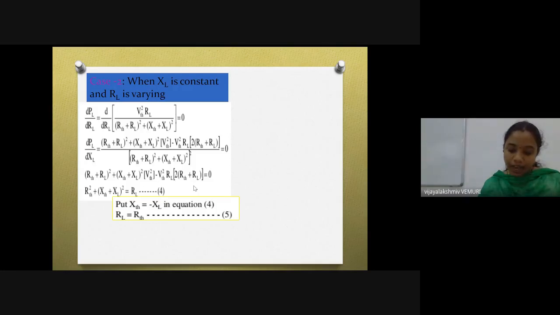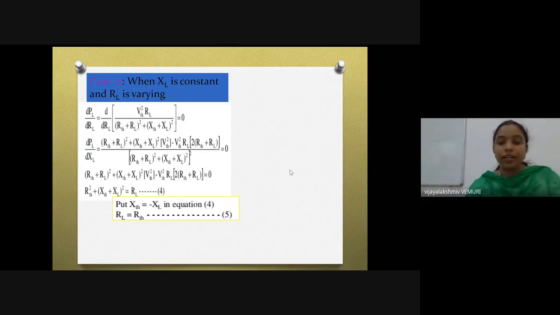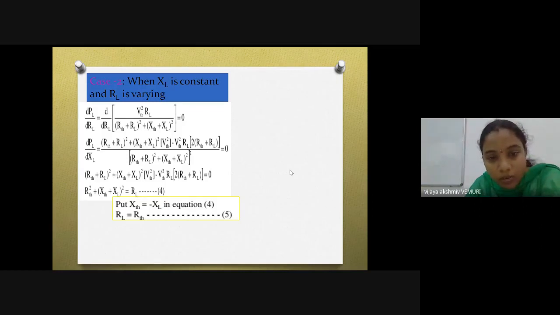Then finally you will get RL equal to RTH. Isn't it? So what is the meaning of it? Before, you got XTH is equal to the negative of XL but not plus XL, but the RL value is equal to positive RTH. What is the meaning?